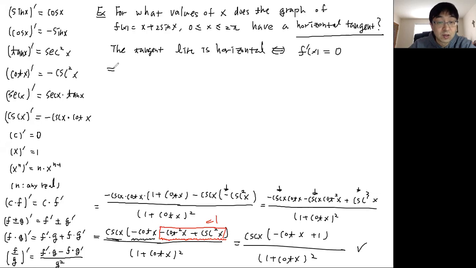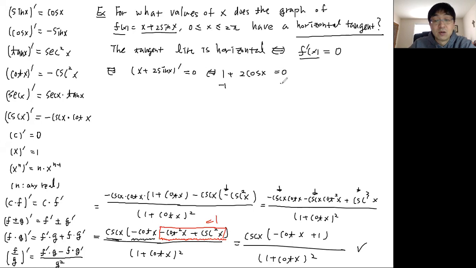So you can use it. This one, f prime of x, is exactly x plus 2 sine of x, prime. Right? F of x is x plus 2 sine of x. You plug into here, equal to 0. So x prime is just 1 plus 2 times sine x prime, which is cosine of x, equal to 0. Next we have to solve this equation for x.